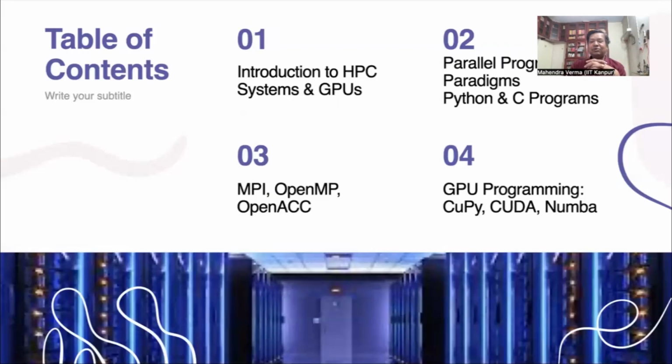The two popular tools are CuPy and Numba CUDA, and I will cover them. The Python codes are much smaller, and if you do it properly, they can give as good speed as C codes.